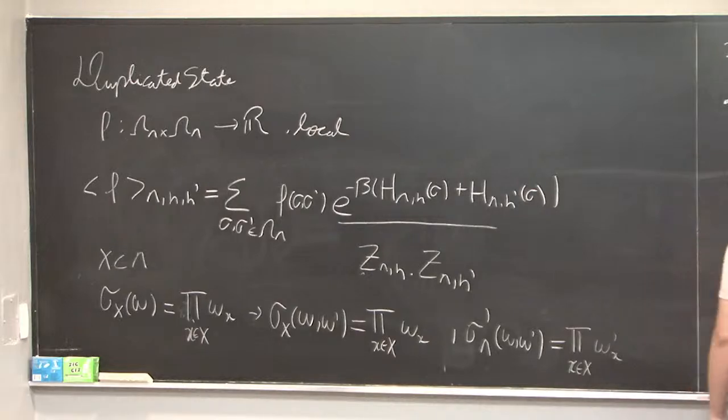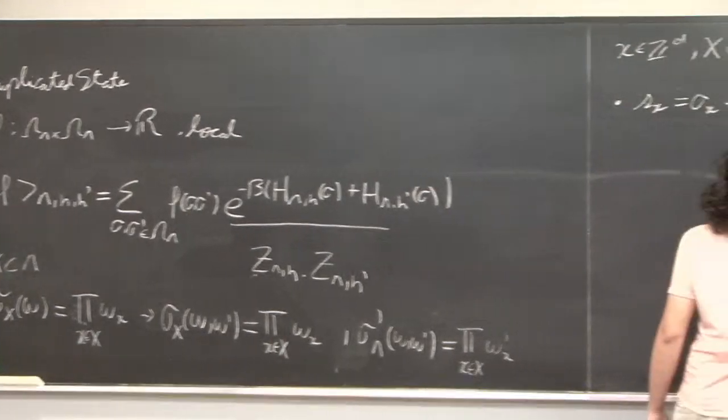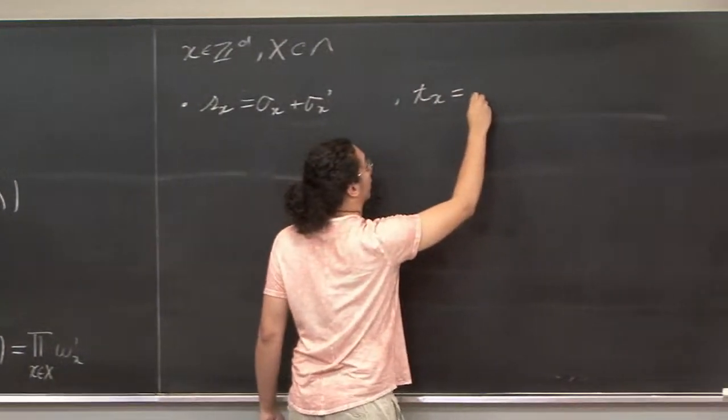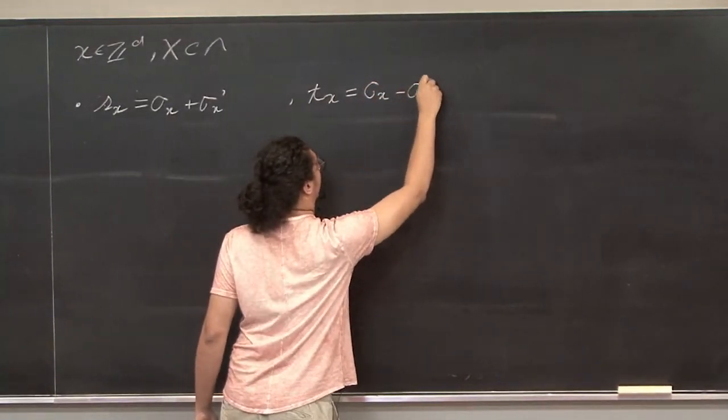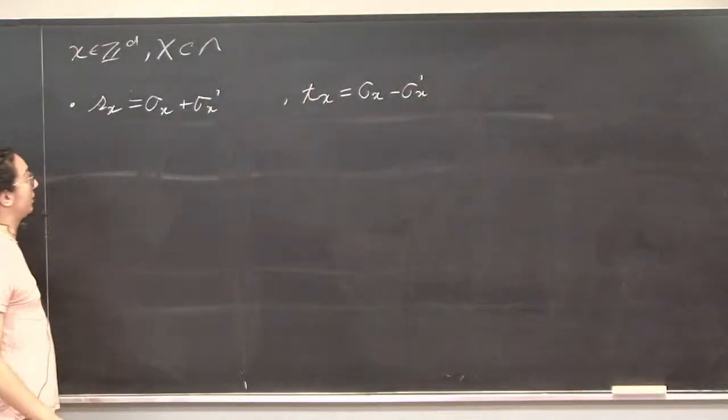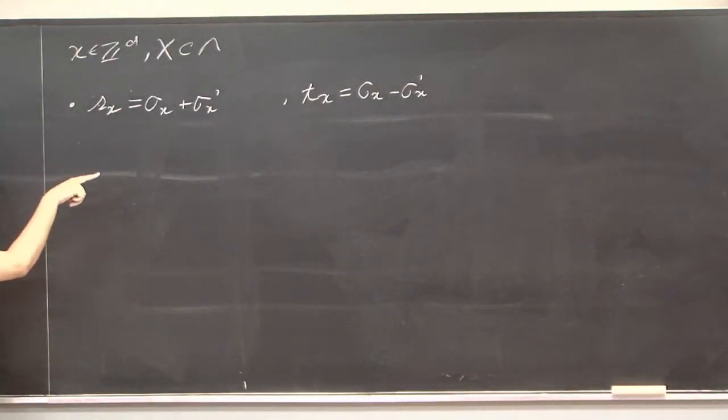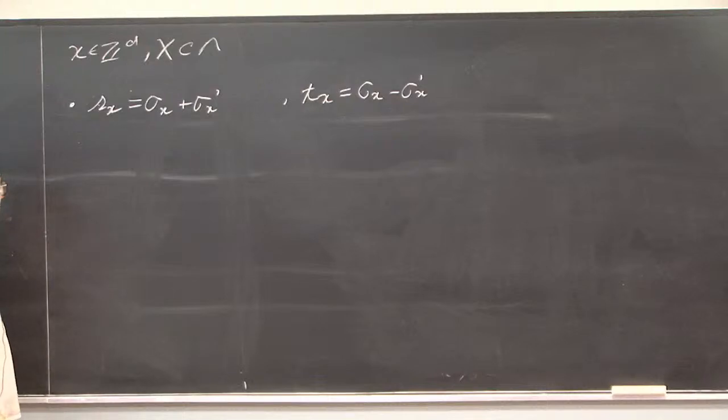And you have T of x, which is sigma x minus sigma prime x. So you see, one is summing and one is the difference of the spins in each state.